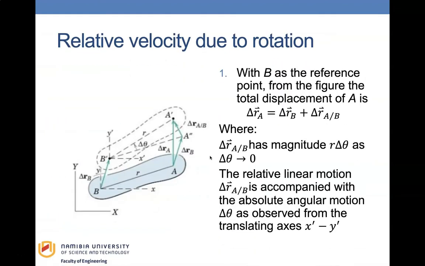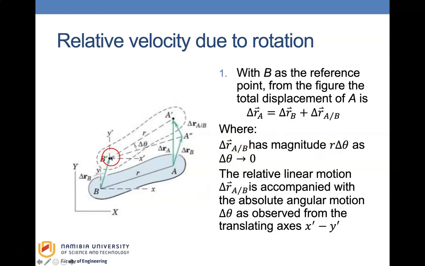So the relative velocity due to rotation, with B as the reference point from the figure, the total displacement of A will be del R of A equals del R of B, which is this vector, plus the vector del R A with respect to B, where this vector will have the magnitude R del theta.